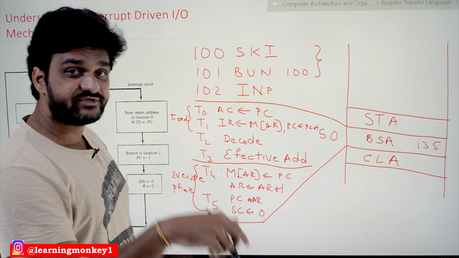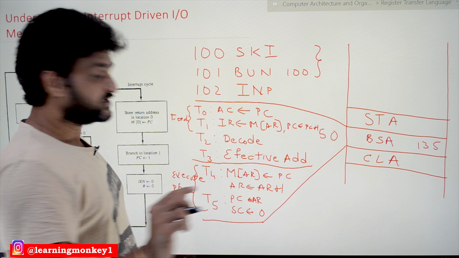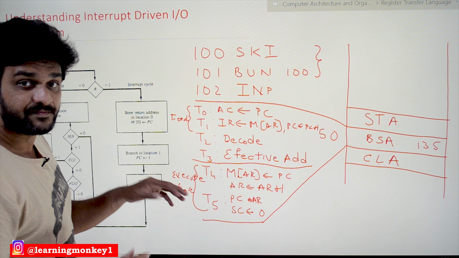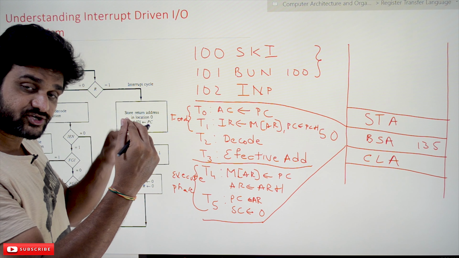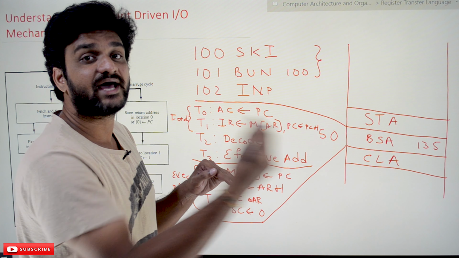If it is FGI, it is an input request, so the FGI will get activated. In the execute phase of the instruction, the computer will continuously execute the program, and in parallel it is going to check whether there is an I/O request or not.